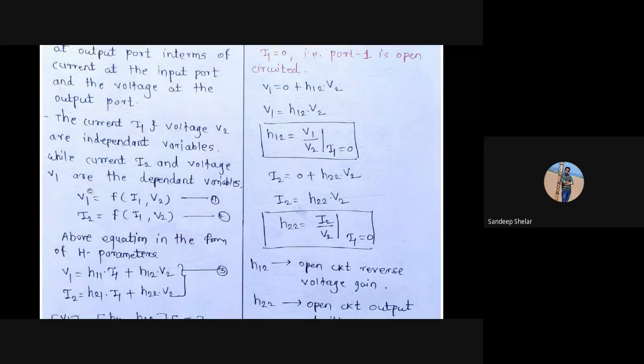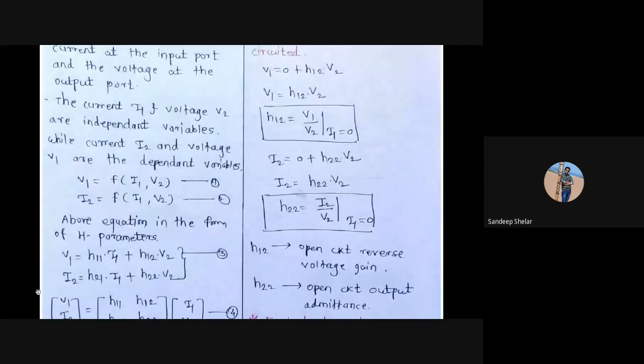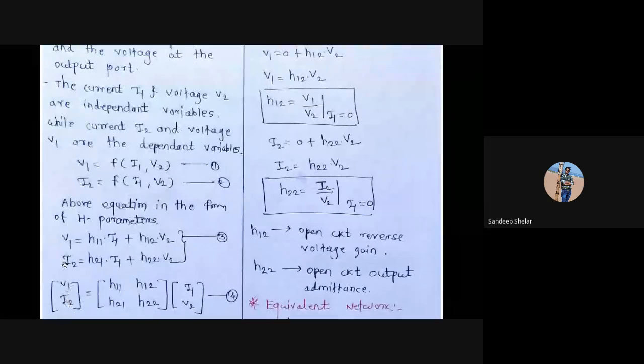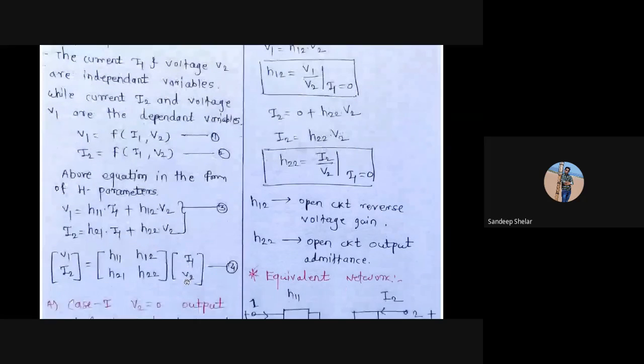Now we write equation number 3 in matrix form: [V1; I2] equals [H11 H12; H21 H22] into [I1; V2], that is equation number 4.